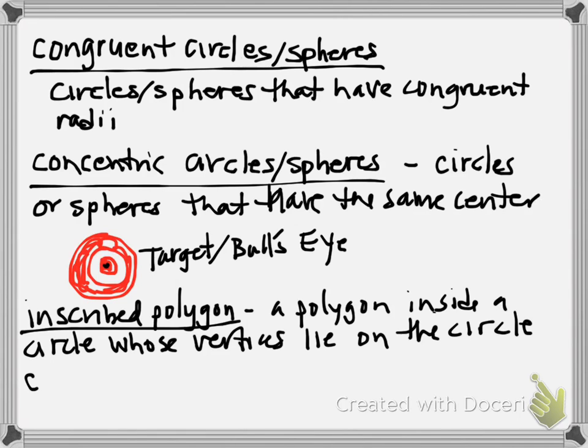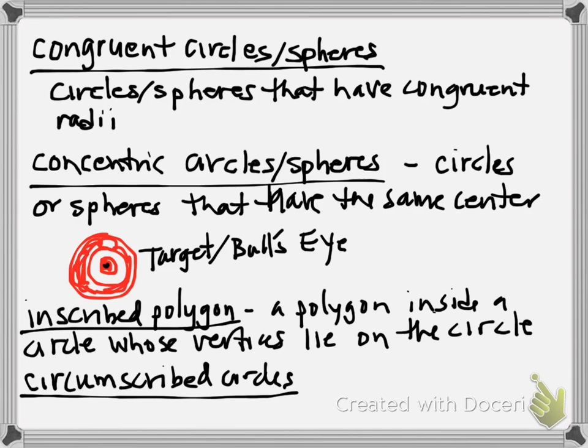And then we have circumscribed circles. It's the second word that really dictates what's going on. Circum means around, scribe means to draw. So we're going to draw around. With the polygon inscribed, we're looking from the inside of the shape, at the polygon. When we look from the outside, that's the circle.